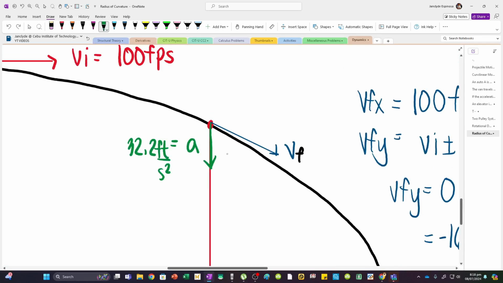This is downward, so this is now the tangential acceleration, and then the rotated axis.